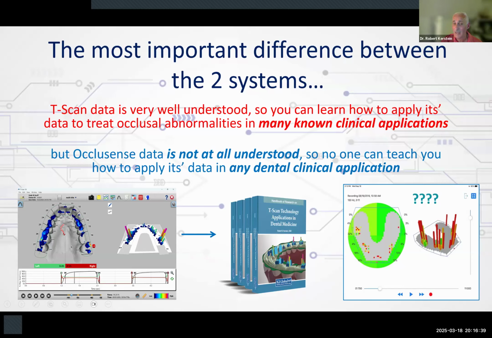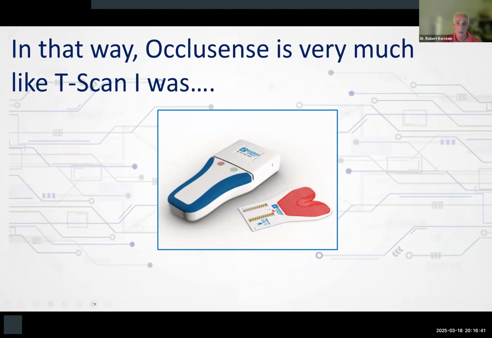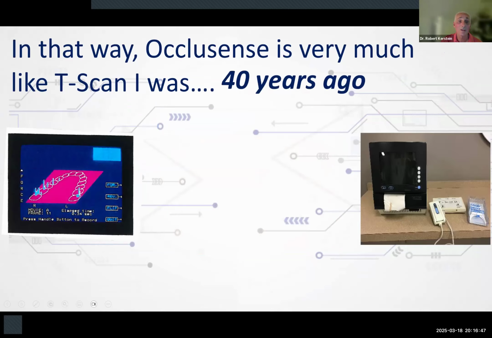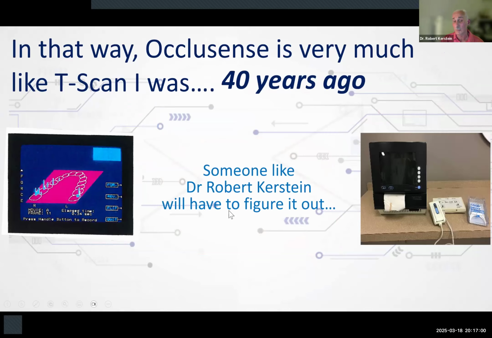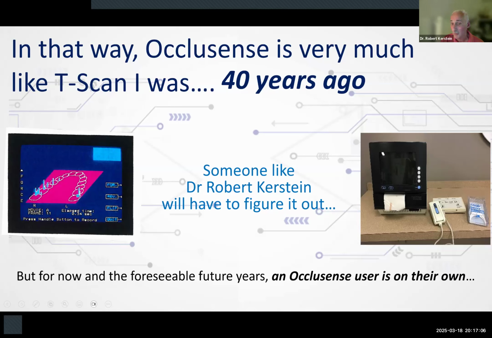So in that way, OccluSense 1 is very much like T-Scan was. T-Scan 1 was 40 years ago. This is T-Scan 1. This is what I started with, carrying around Tufts Dental School, studying dental students. Unless there's someone like me who wants to figure out OccluSense 1, a typical OccluSense user is on their own.